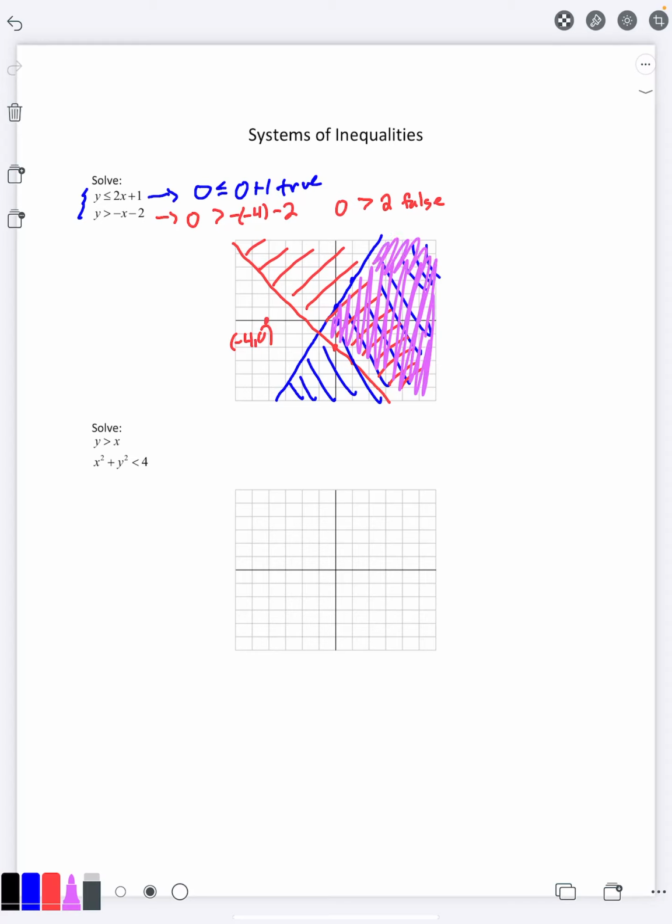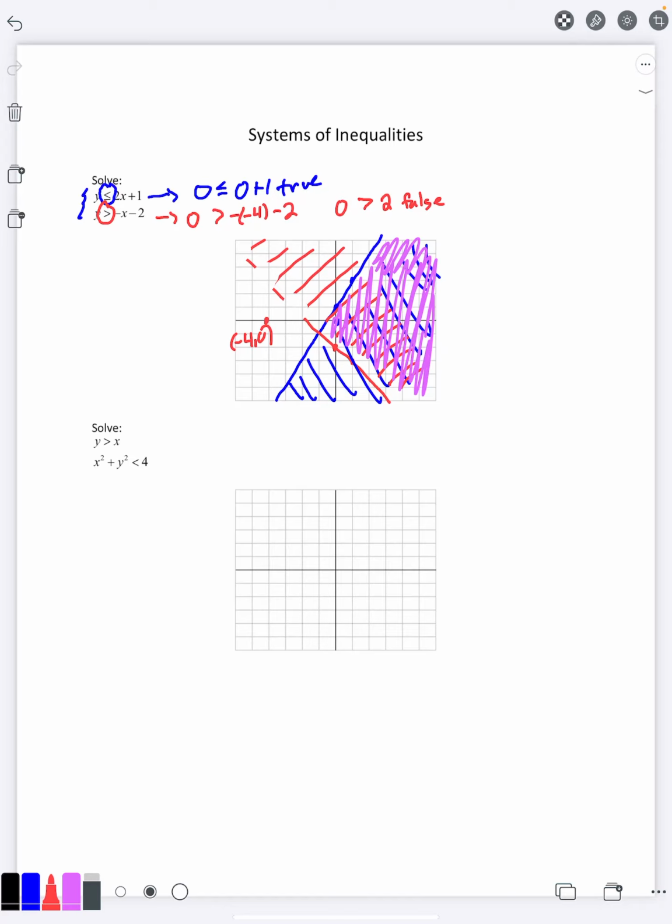And there's one last thing to concern yourself with. If you have a less than or equal to or a greater than or equal to, that means points that are on that line are good to go, no problems. But if you have a strictly greater than or a strictly less than, it means points that are on that line do not actually work. And so what you have to do is put a little dotted line there.